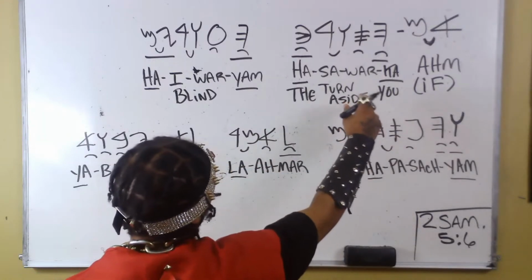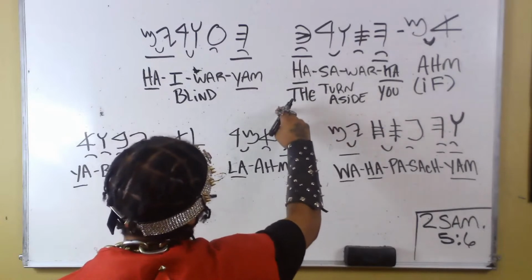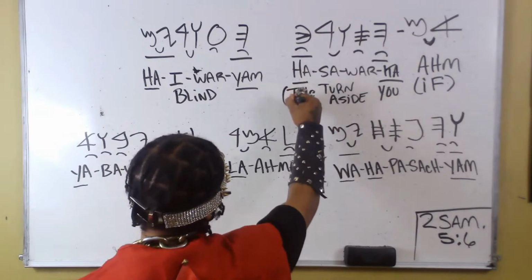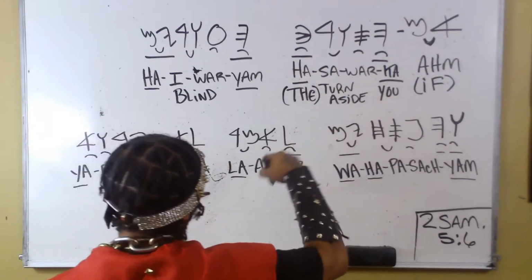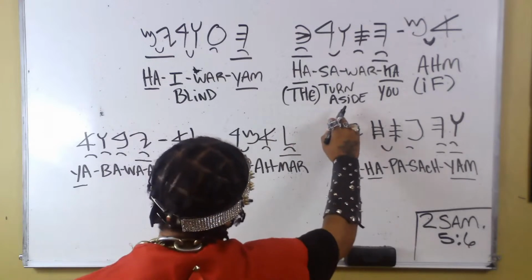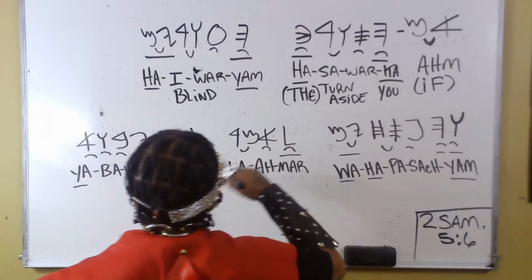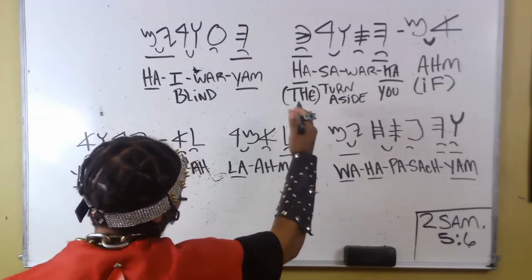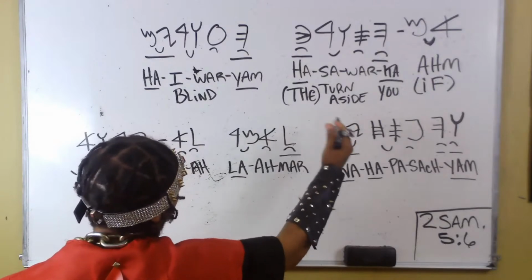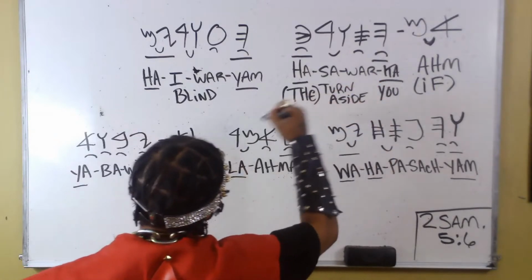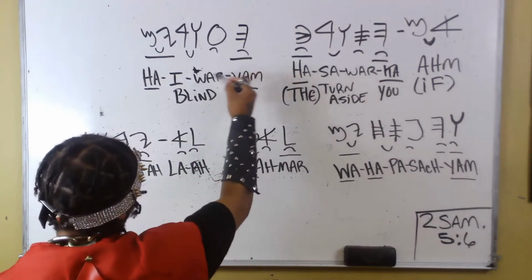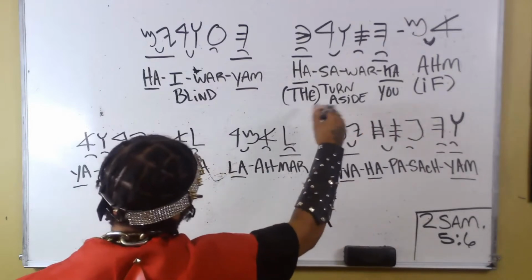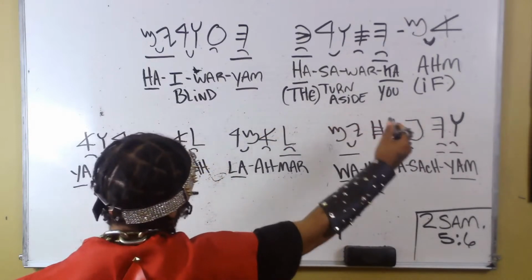So if hasawarka, thus in parentheses, the. I'm guessing it's used to match because we used the before. The turn aside you. I'm only putting it in parentheses, even though it's there, just because it's used to match. In our language, the way we write has to match. I believe we used the before, and that's why it's even here. The turn aside you, or the depart from you, or the put away you.